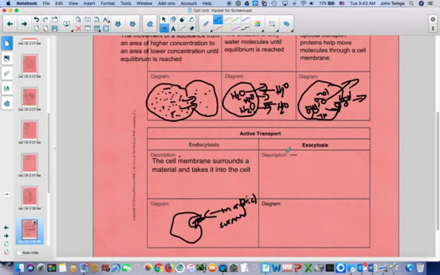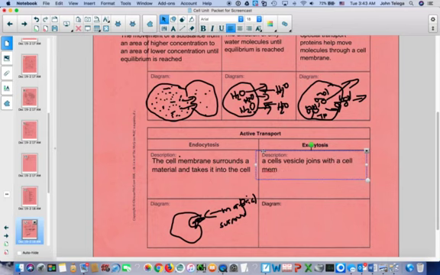And then the description of the other one here is a cell's vessels join with a cell membrane to release substance outside the cell.